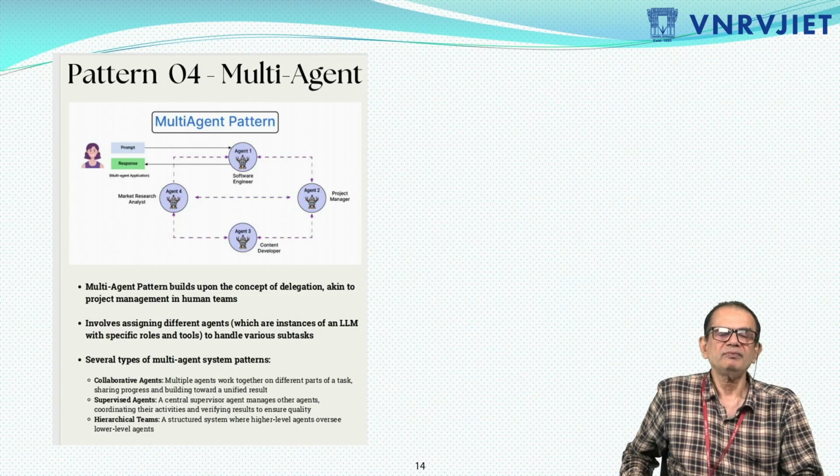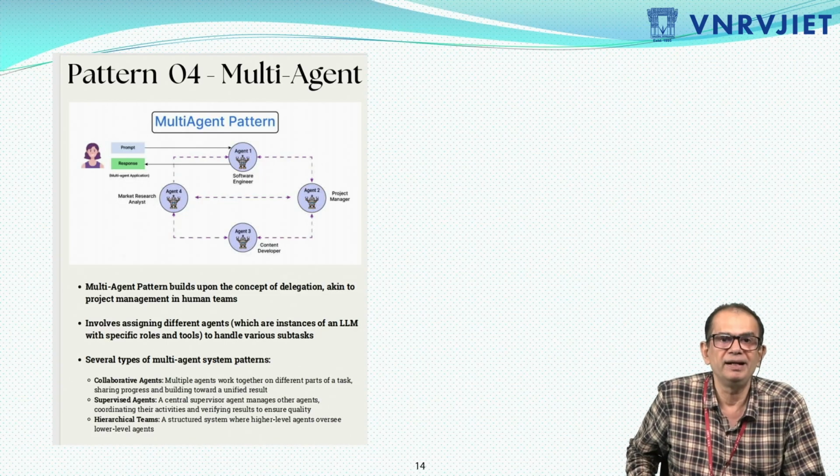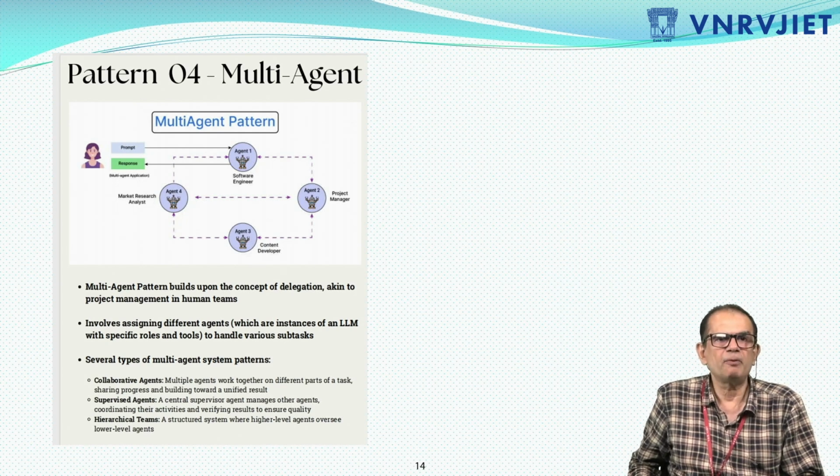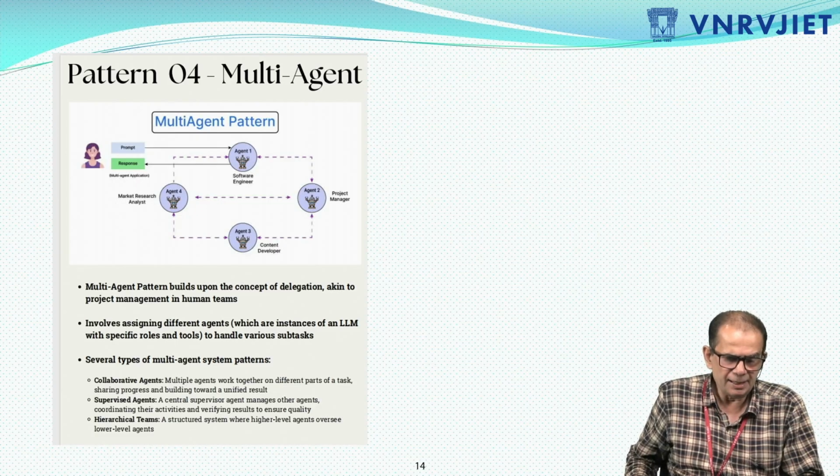Now, the last and final pattern is multi-agent, which is very, very important. An agent performs its particular task, but it may also need to interact with various agents. In that case, we use this particular pattern, the multi-agent pattern. Several types of multi-agent system patterns exist. In the collaborative pattern, one agent collaborates with another agent.